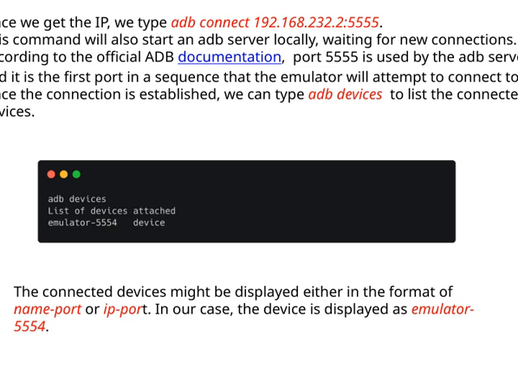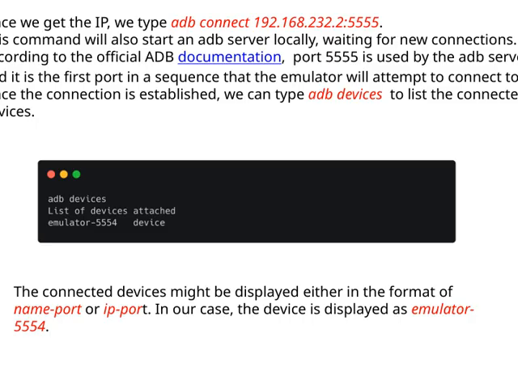After the connection is established, we can verify the connected devices by typing adb devices. This command lists all devices currently connected to our machine. Typically, the output will show the device either by its name and port, like emulator-5554, or by its IP address and port.